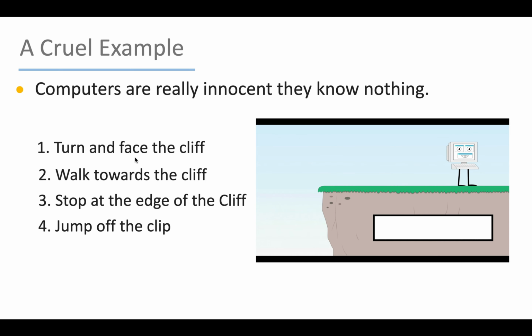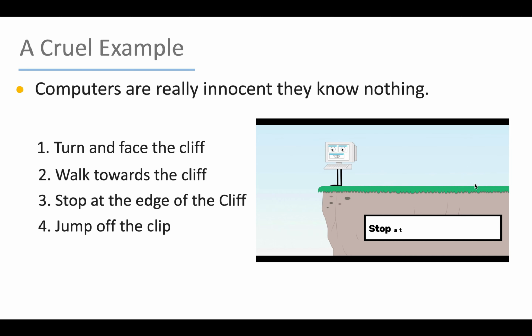First one is turn and face the cliff, because it's facing the opposite direction to the cliff. Then walk towards the cliff. After that, stop at the edge of the cliff and then make a jump. So let's see what will happen if we provide these instructions to our Bunny. So there we go. First, turn and face the cliff, walk towards the cliff.